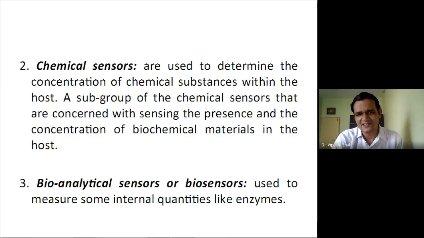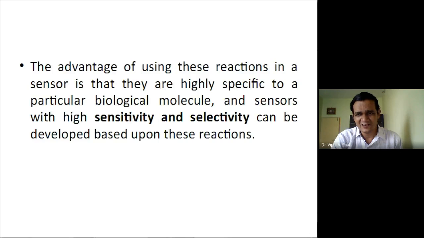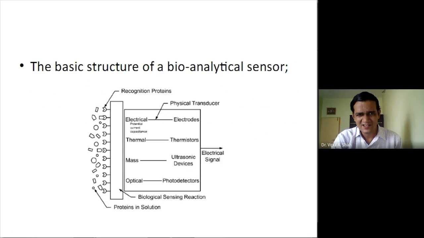We have bioanalytical sensors or biosensors, which can be utilized for internal quantities like enzymes, antigen, ligand, receptor, antibody, etc. So bioanalytical sensors are utilized for bioanalytical measurements. Then we can have better sensitivity and selectivity of our sensors for human body measurement. So this is the basic structure of a bioanalytical sensor. We have electrical signals, so we can utilize electrodes for this purpose. We have thermal signals, so we can use the thermistor for this purpose.